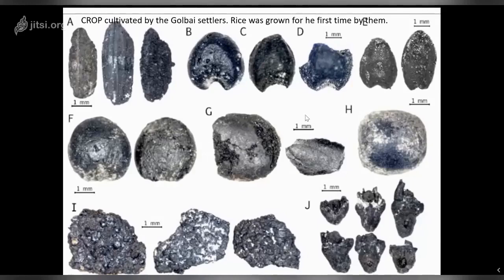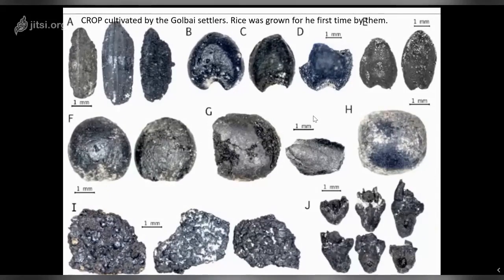One Dr. K.K. Basa also has worked, and Dr. R.K. Mahanti from Deccan College. All these people have done excellent work for discovering and interpreting the evidences they have collected from the Golbai Neolithic to Chalcolithic settlement.